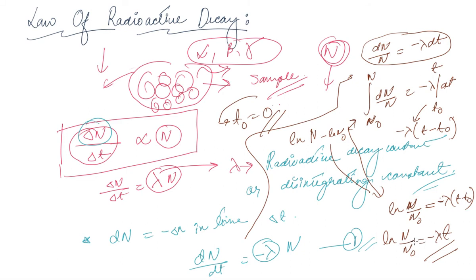Now if you look closely, this is a logarithmic function, and we can change this into N of t equals N naught e to the power minus lambda t. So this is our final conclusion.